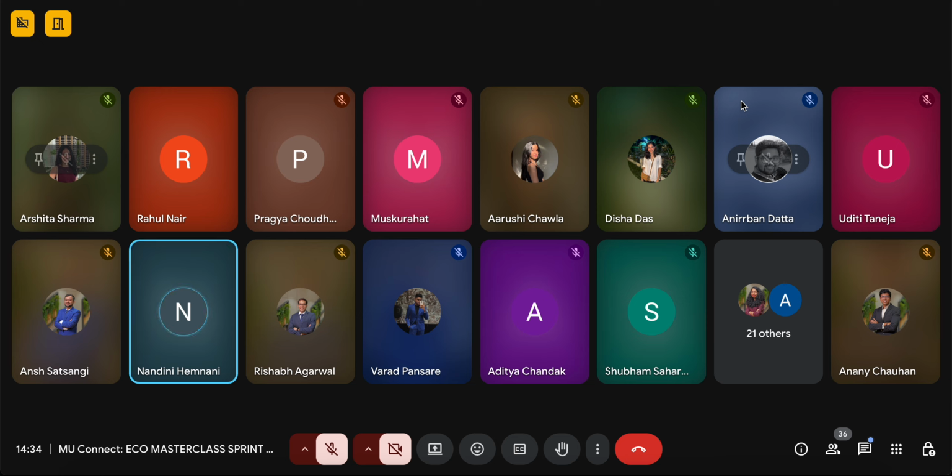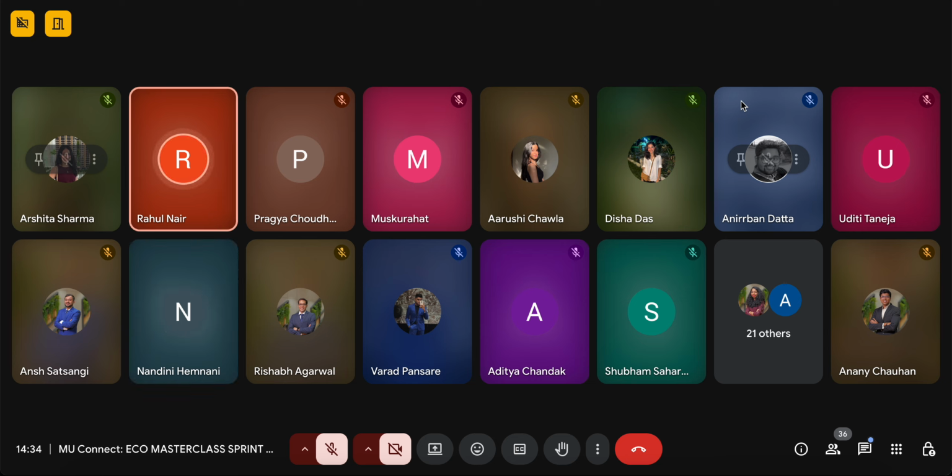Rahul, are you here? Yes, Nandini, sir. Rahul, I don't know if we covered this, but could you give me an idea of the indifference curve? Are you sure indifference curve is part of the syllabus?